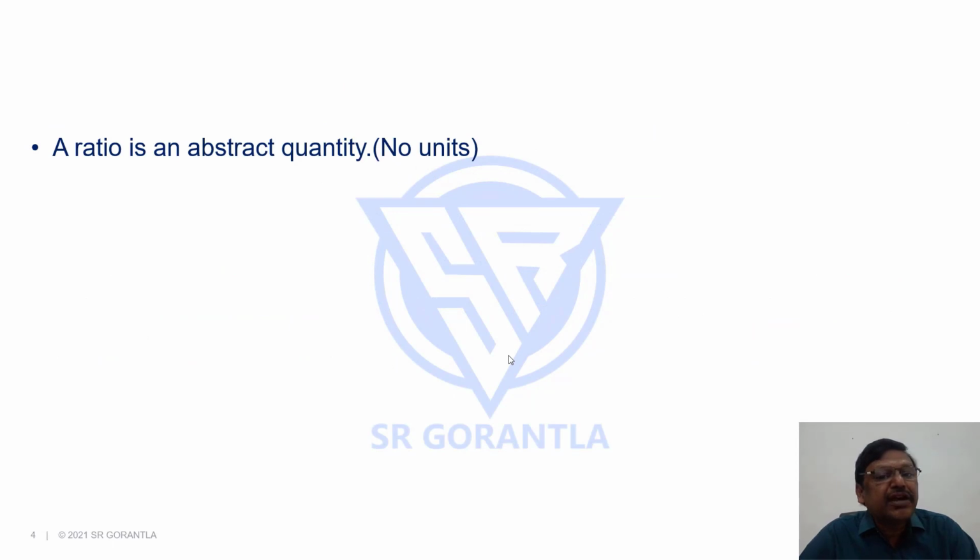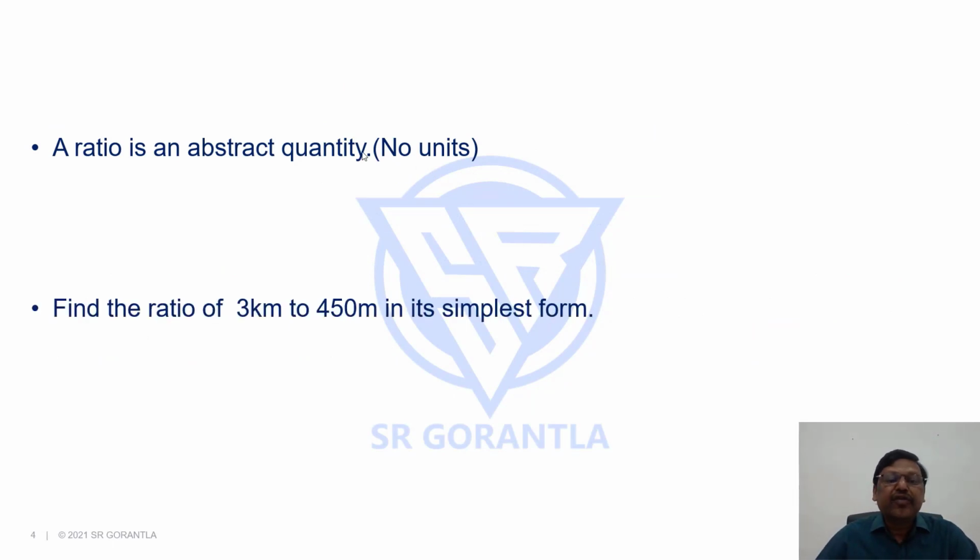A ratio is an abstract quantity. It doesn't carry any units. For example, if I ask you to find the ratio of 3 kilometers to 450 meters in its simplest form, first of all, to compare two items, they should be expressed in the same units. So 3 kilometers, as 1 kilometer is 1000 meters, we can write it as 3000 meters.